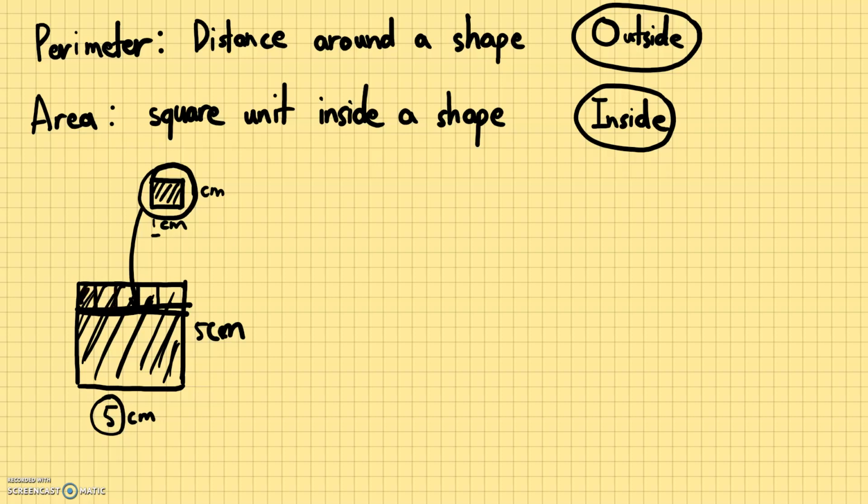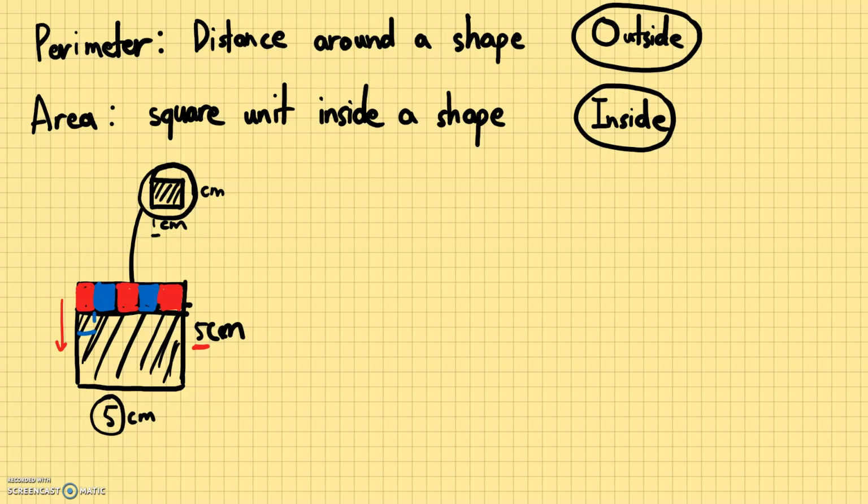Let's use alternating colors here, so that's easier to see. We have 1, 2, 3, 4, then 5. Okay, so we can put 5 squares this way, and we can also put 5 squares this way because it's also 5 centimeters that way.